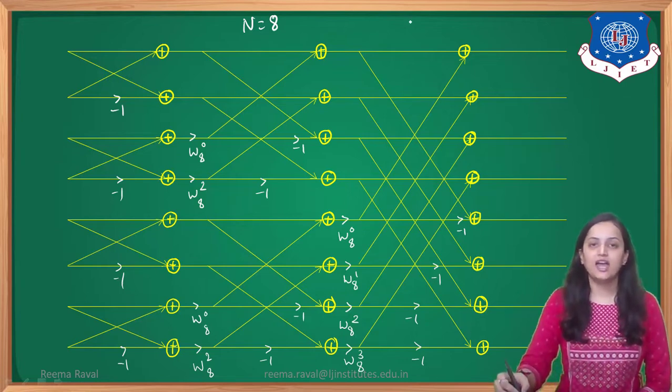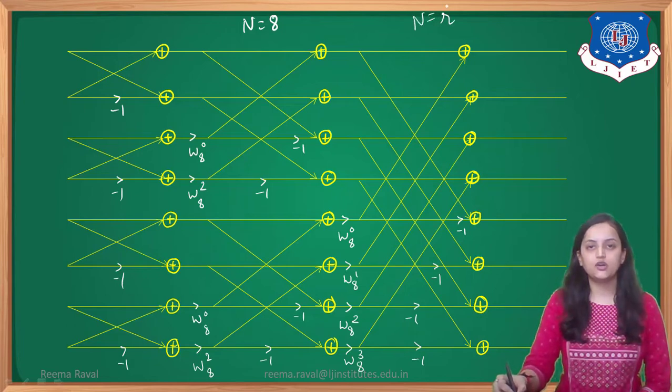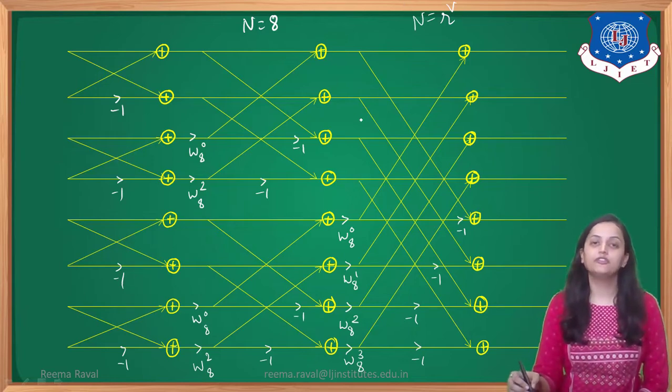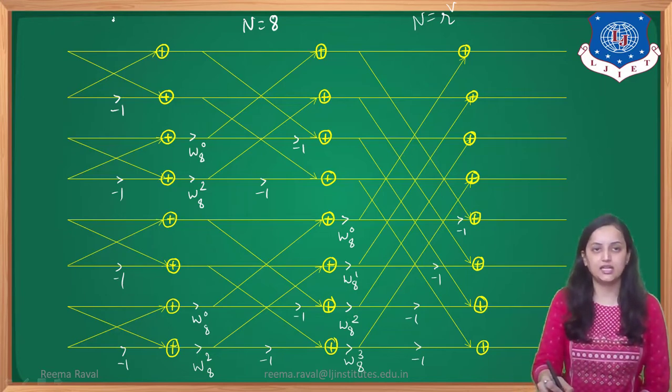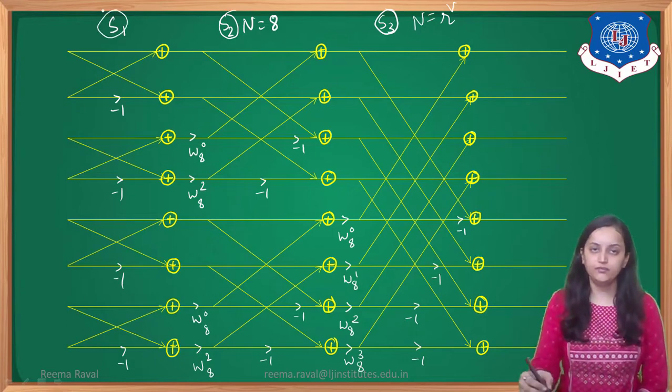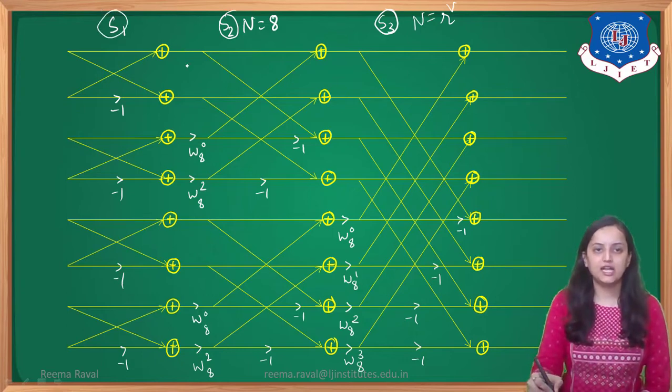Now, as we have seen in the previous session, this depends on the n equals r raised to v formula. As we are considering n equals 8 and we are taking base r equals 2, we need to have 3 stages. So, according to this logic, we are having 3 stages, stage 1, stage 2 and stage 3 for the output of DIT FFT, right? So output of stage 1 is given to the input of stage 2.